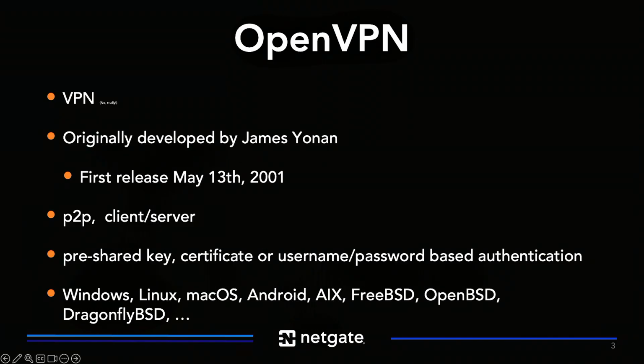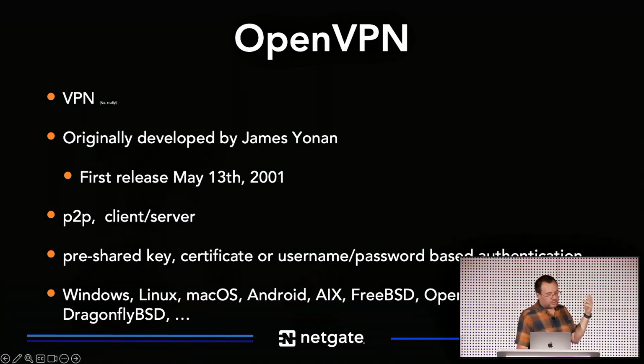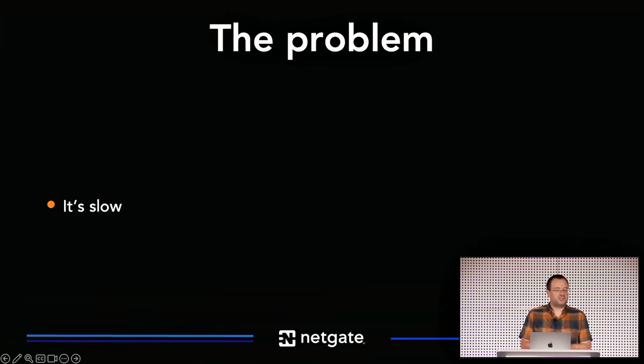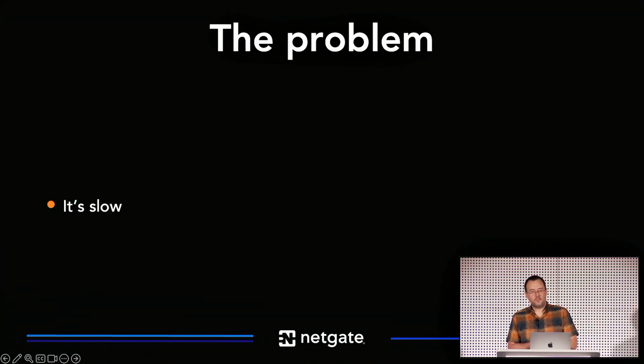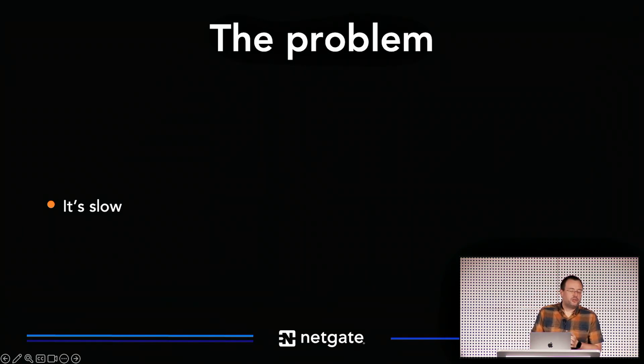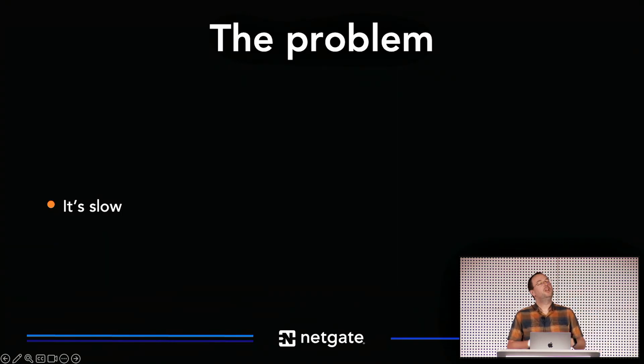The reason that I'm here is to talk about a problem, of course. I've just told you how nice OpenVPN is, and it is, but there is a problem. The problem is actually quite simple. It's slow. I mean, it works just fine for most VPN applications, of course, but once you start talking about modern networks, 10 gigabits, 40 gigabits, 100 gigabits, fast networks, it is very slow.